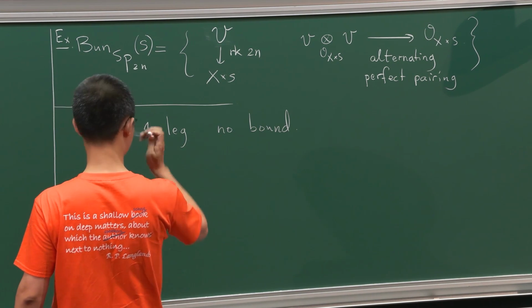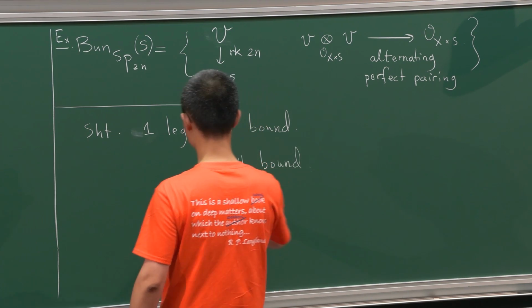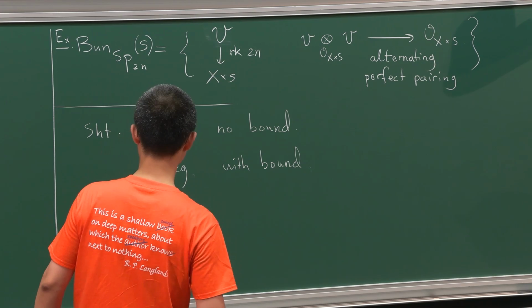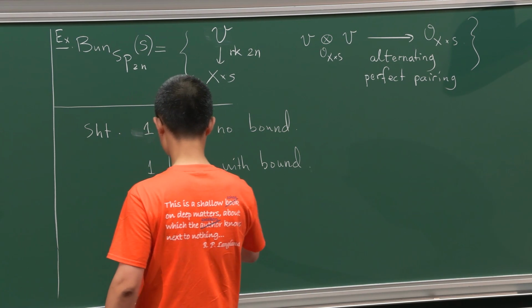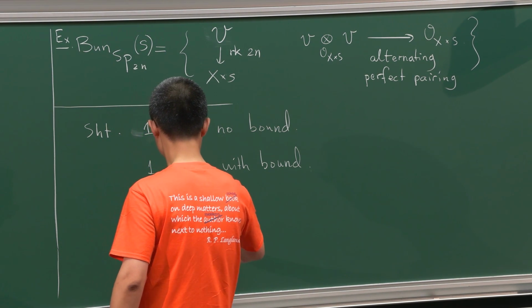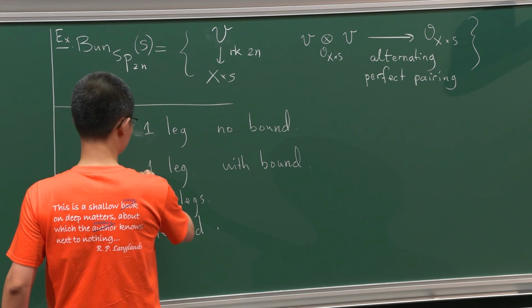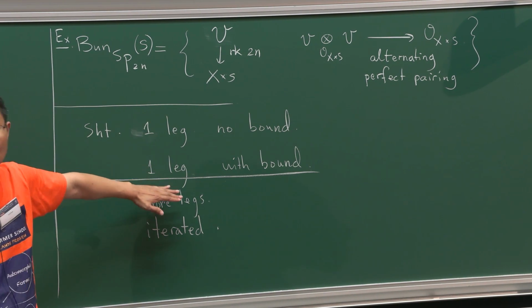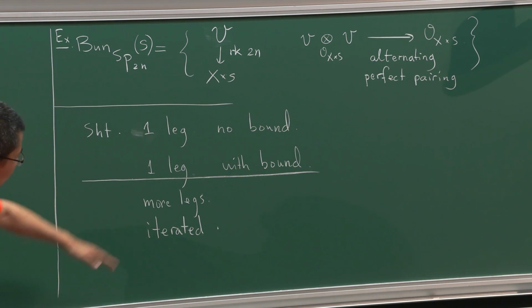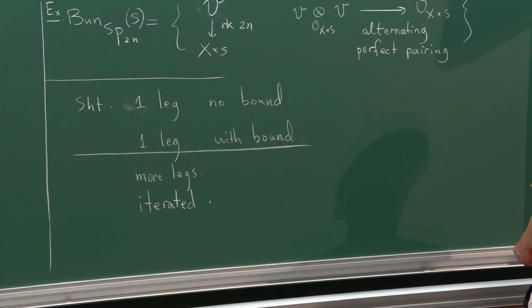Next, I will introduce bound, one leg, and then more legs, and the variants called iterated versions. I think you should feel very much satisfied if you understand the one leg case with a bound. And the other more complicated versions are not so urgent.